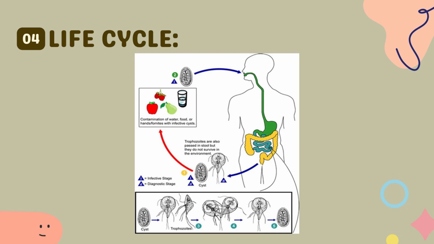Both cysts and trophozoites are found in feces, with cysts being more common in non-diarrheal feces due to their hardness. Trophozoites are typically found in diarrheal stools. Person-to-person transmission is possible, particularly when cysts are present in stool.